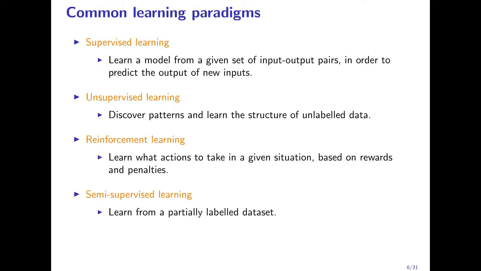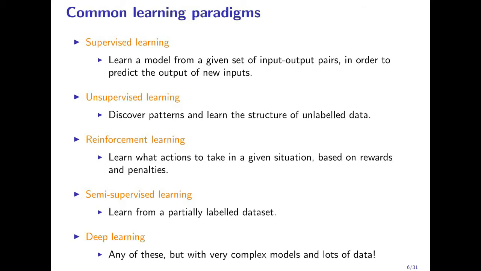So you can, of course, learn from that. And then there's, of course, also deep learning, which I think is any of the above, but of course with very complex models and lots of data. And by very complex, I don't necessarily mean it's difficult for us to understand or interpret. I just mean it's got lots of parameters.